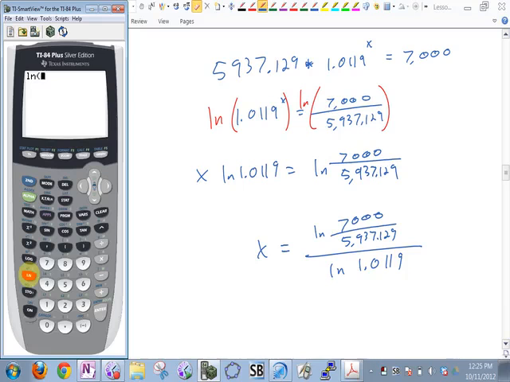The natural log of 7,000 divided by 5,937.129, close parentheses, divided by natural log 1.0119, that gives me 13.